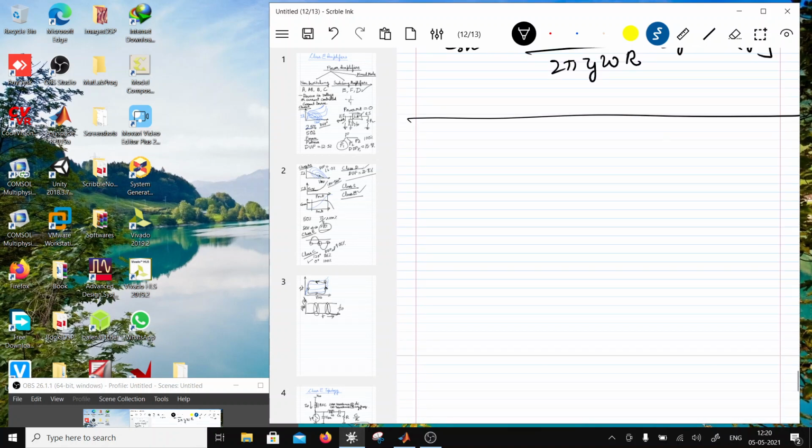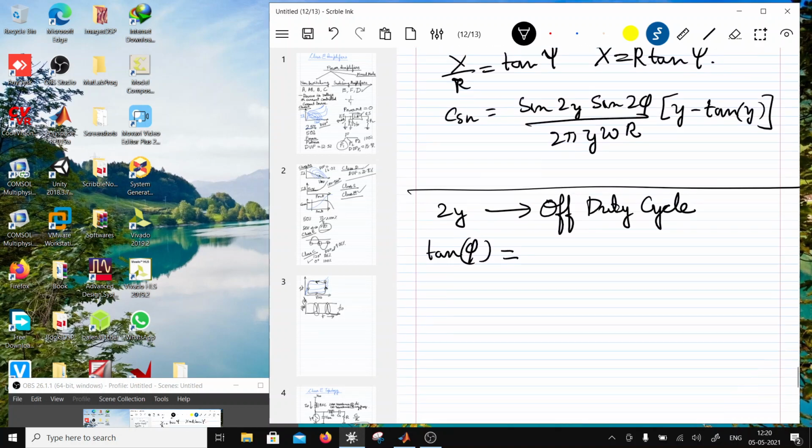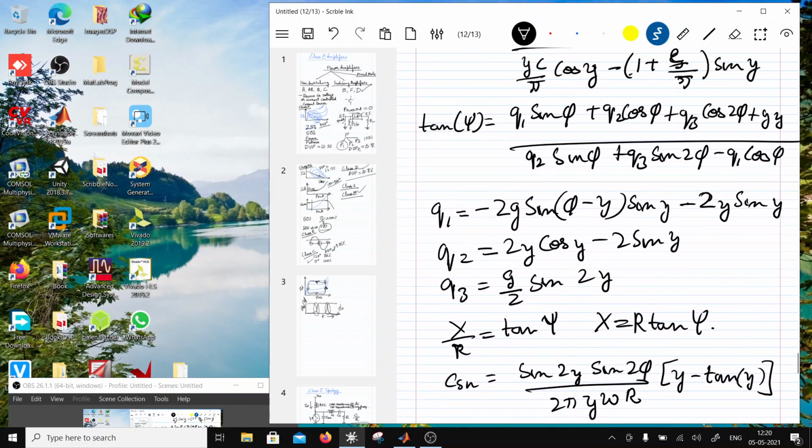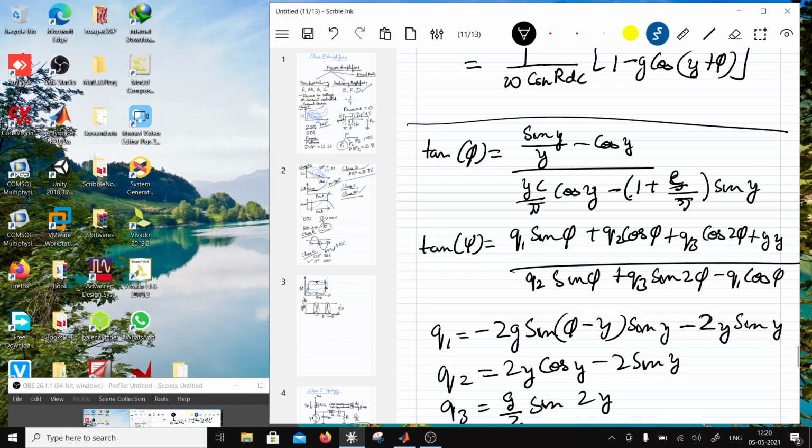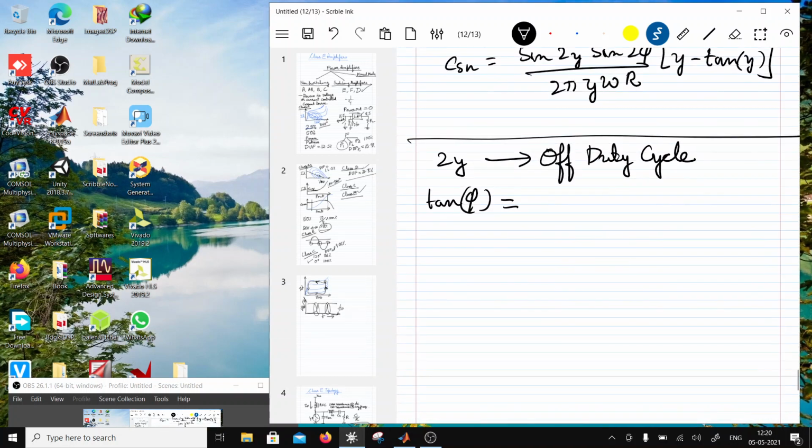Okay, so we have twice of y as the duty cycle, the off duty cycle. And then we have tan of phi equal to that number. Tan of phi is over here. So we have slope as xi.